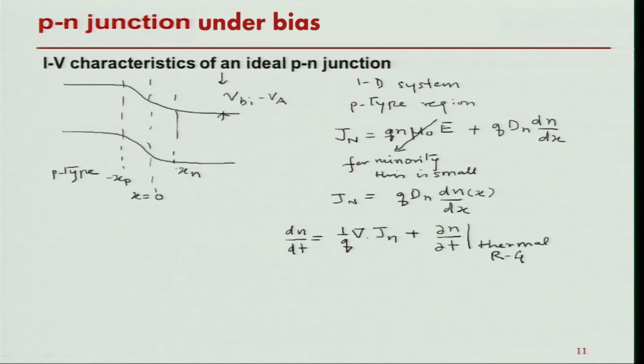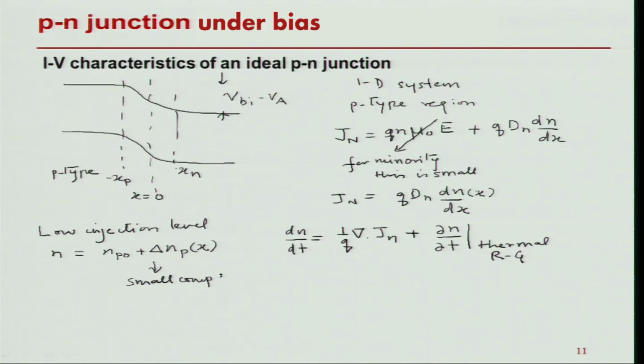Now, immediately we can use the assumption of low injection level, which basically means that n is given by n_p0, the p type equilibrium concentration, plus the excess concentration in the p type, Δn_p, which is a function of x, and this is small compared to the majority carrier concentration.